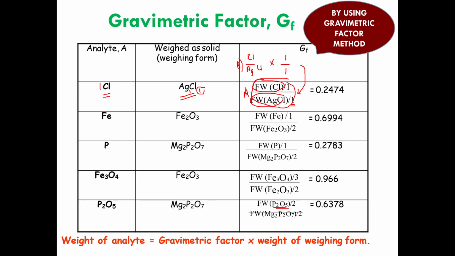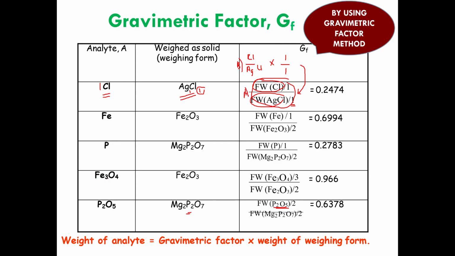And the same for Mg2P2O7: how many P in the precipitate? It has 2 P. So it is divided by the same, 2 and 2.